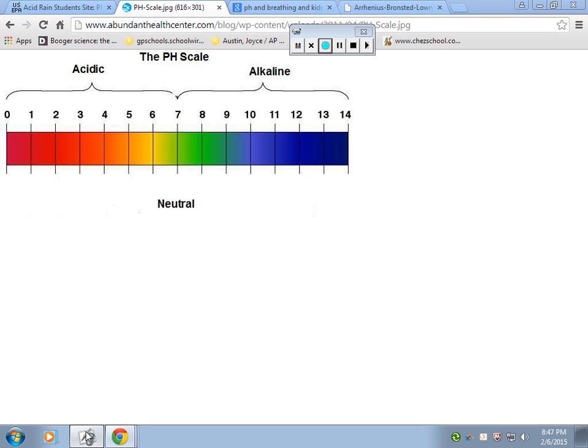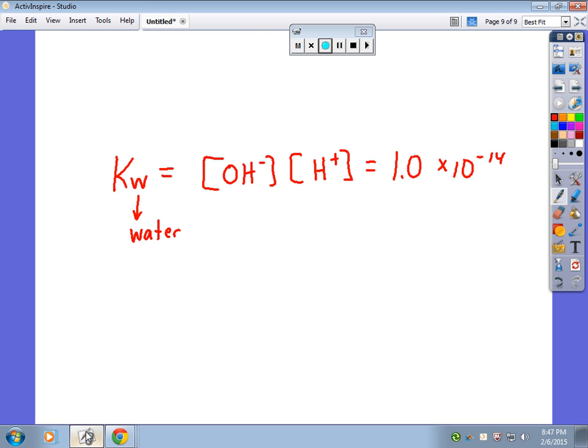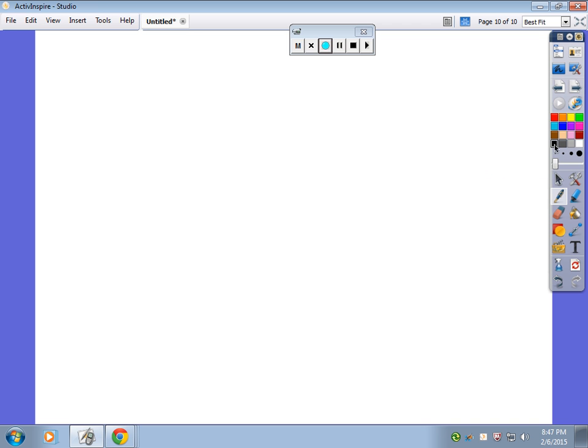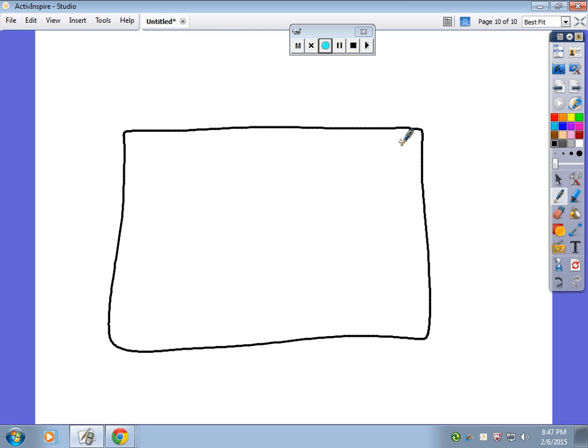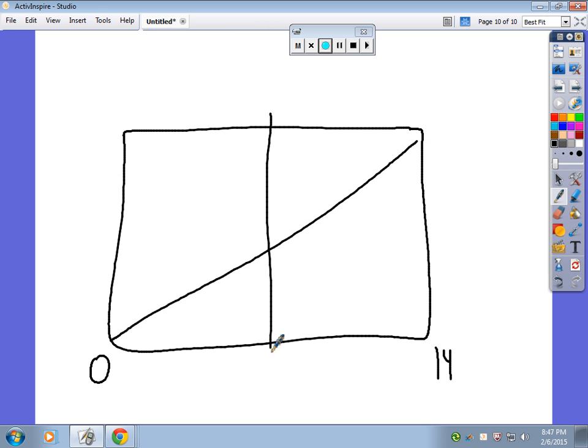Okay? And that means that on my pH scale, if I was to draw it like this and draw a box, and make it pH of 0 and pH of 14, and draw a line like this from corner to corner, and this is pH of 7 in the middle. These are all the hydrogen ions, and these are all the hydroxide ions.